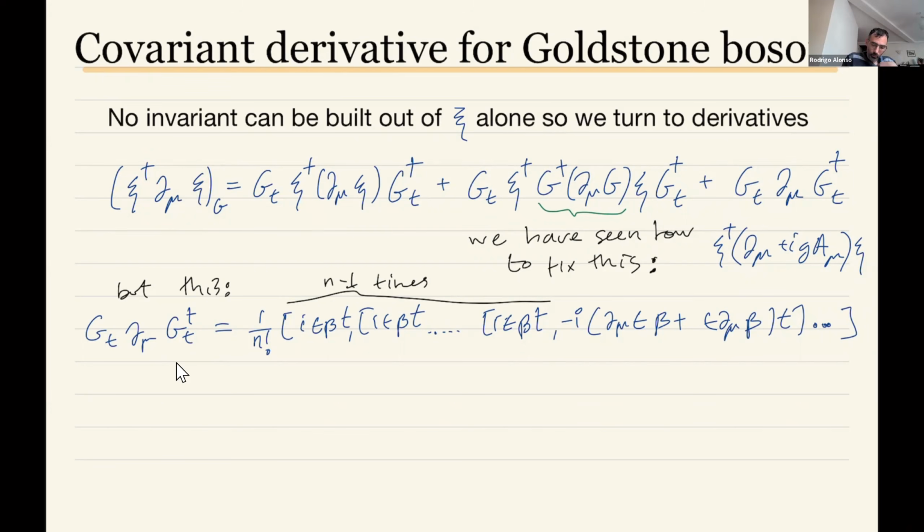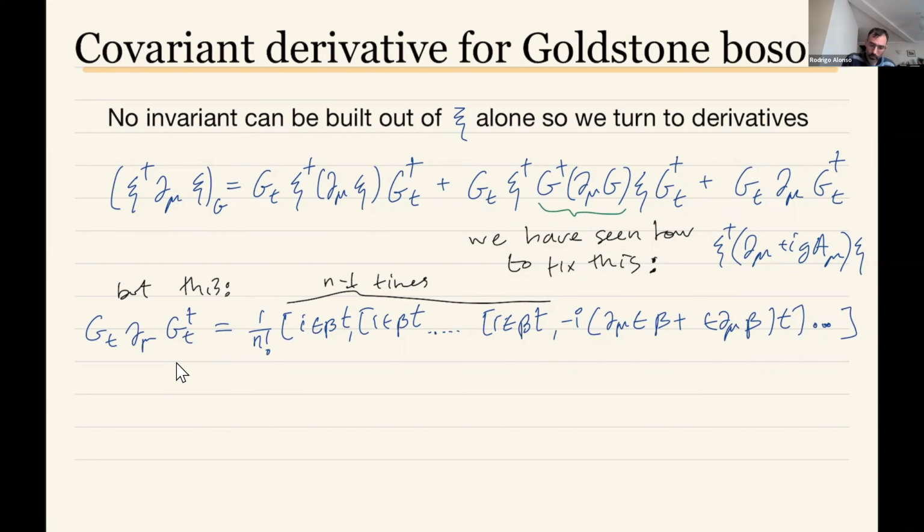Then we'll pick up the derivative of our transformation G, which is the very same one that acts on those quark doublets that we talked about with G dagger, and we have seen this before. Actually, we know how to cancel that part. We can just add gauge bosons as we did for other guys.